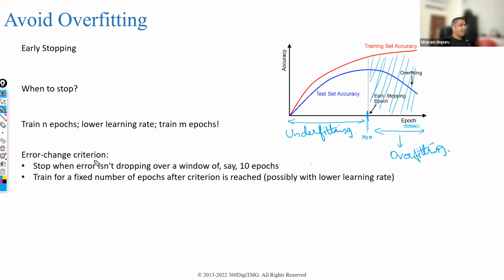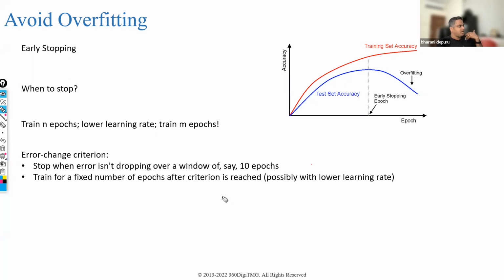Now let's talk about error change criterion. Say you are training for X number of epochs: epoch 1, epoch 2, epoch 3, so on and so forth.